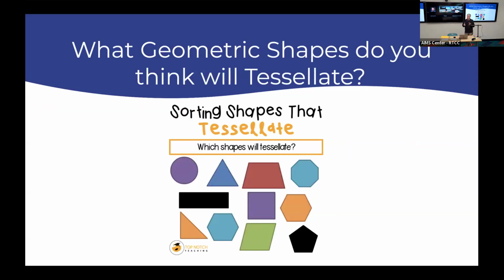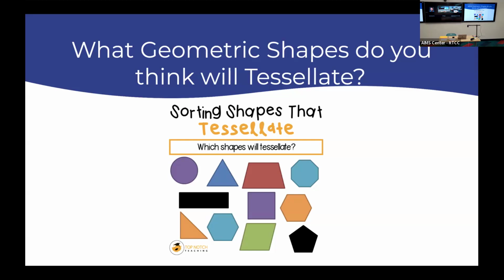So there are some shapes that tessellate really well, and there are some geometric shapes that don't tessellate quite as well. Which shapes do you think would be good ones to tessellate? Any ideas? Remember, they need to fit together well and not have any gaps in between them. Hexagons, yeah, bees know what they're doing, don't they?